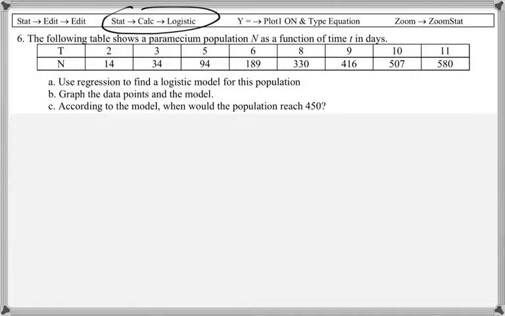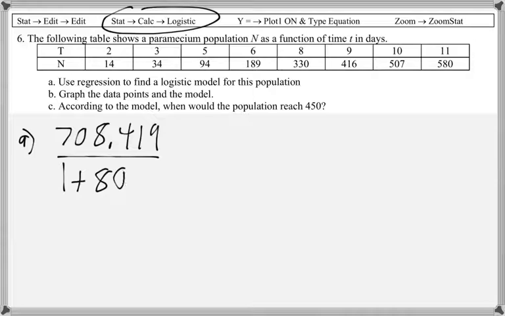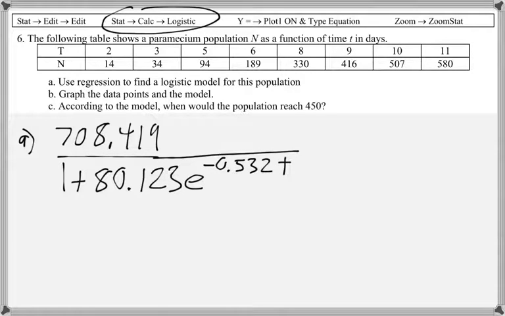So with this, my regression is going to be 708.419 over 1 plus 80.123 e to the negative 0.532 t.